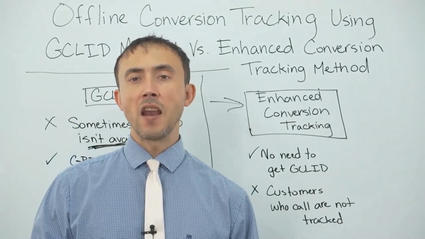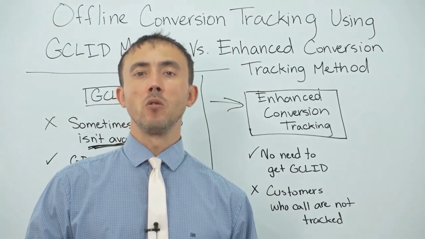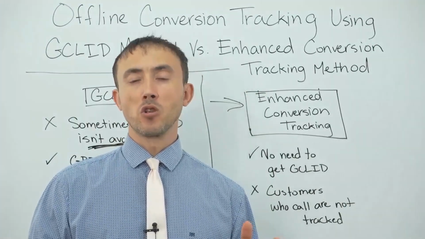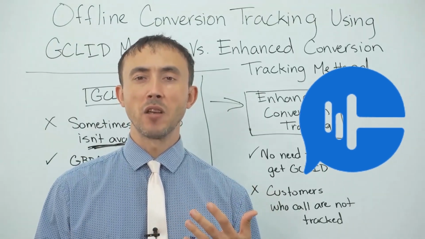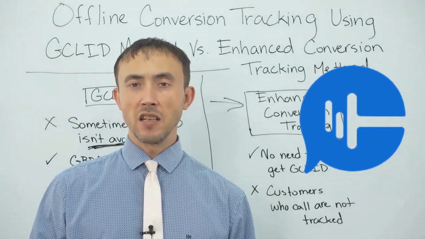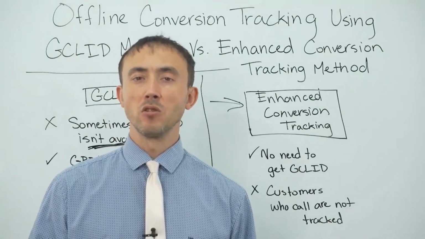Then, with that information, we're going to use our CallRail account, which will capture every phone call and every form lead that comes through the website and the associated click IDs and so forth, metadata about the user's click.